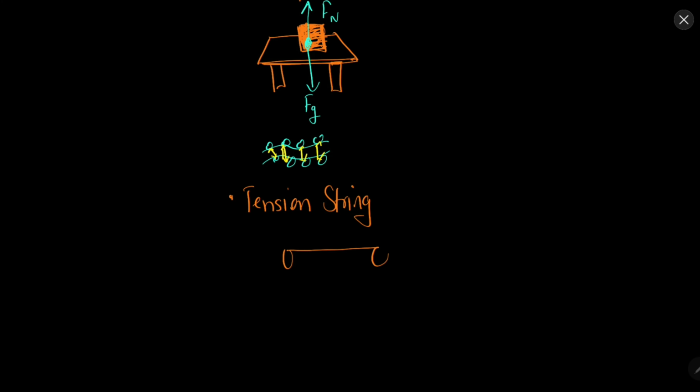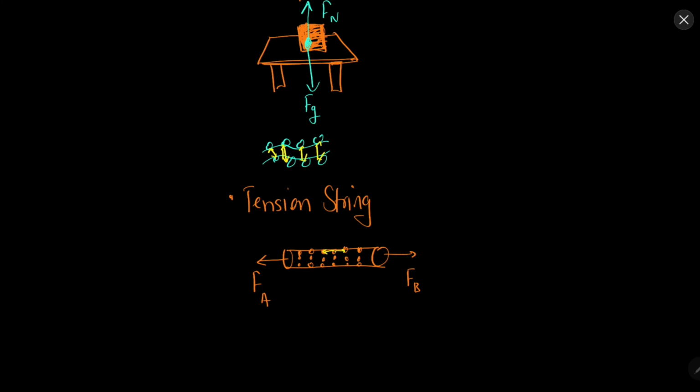Let's say there is one big string, one force acting like this, one like this. What is not allowing this string to break? The bonding of the atoms and molecules present in this string. They are attracting each other, and because of that we are applying forces, but still the string is not breaking.